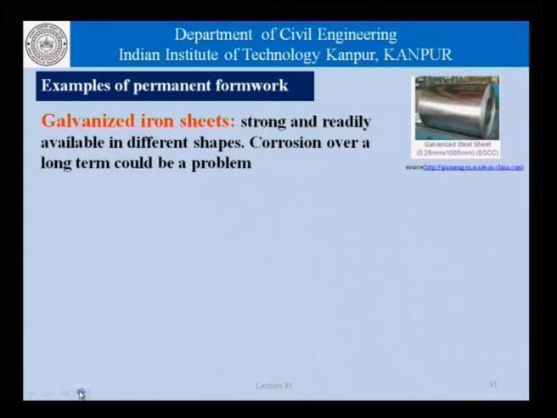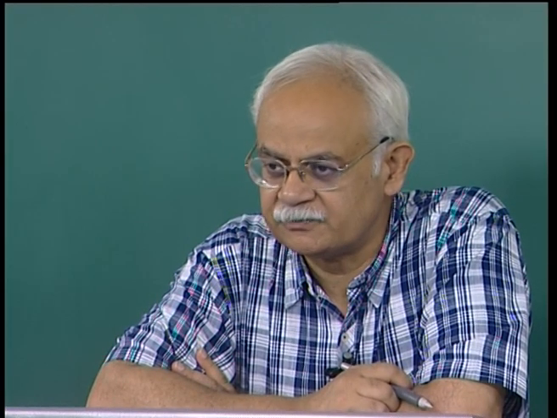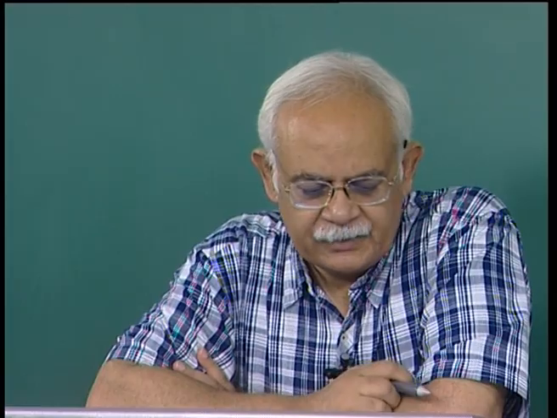Other materials as far as permanent formwork is concerned could be galvanized iron sheets, which are strong and readily available in different shapes. Corrosion over a long time could be a problem in the case of using these sheets, and therefore, we need to be careful as to what kind of tests are carried out to ensure the durability of these sheets.